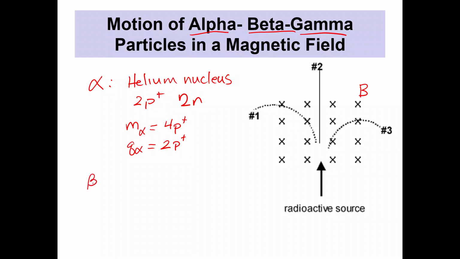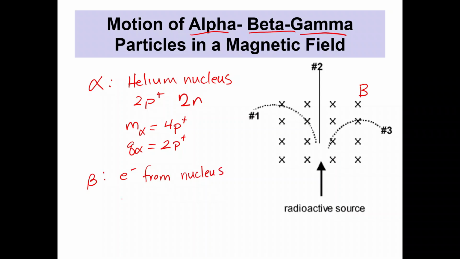Beta is another common radiation source. Beta is essentially an electron that is ejected from the nucleus. It's actually ejected from a neutron, and it converts a neutron into a proton, changing the atomic number of the element. So it's an electron from the nucleus.